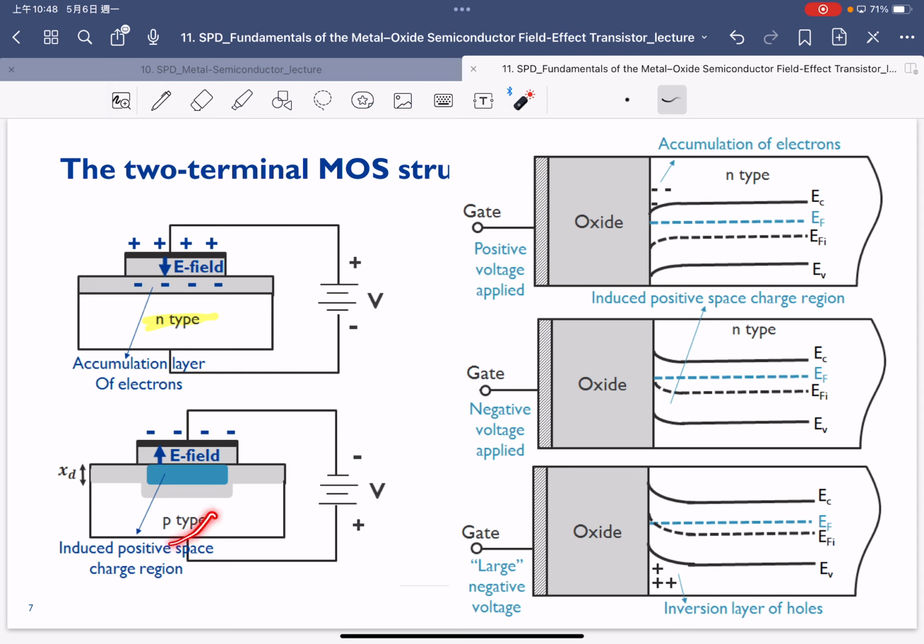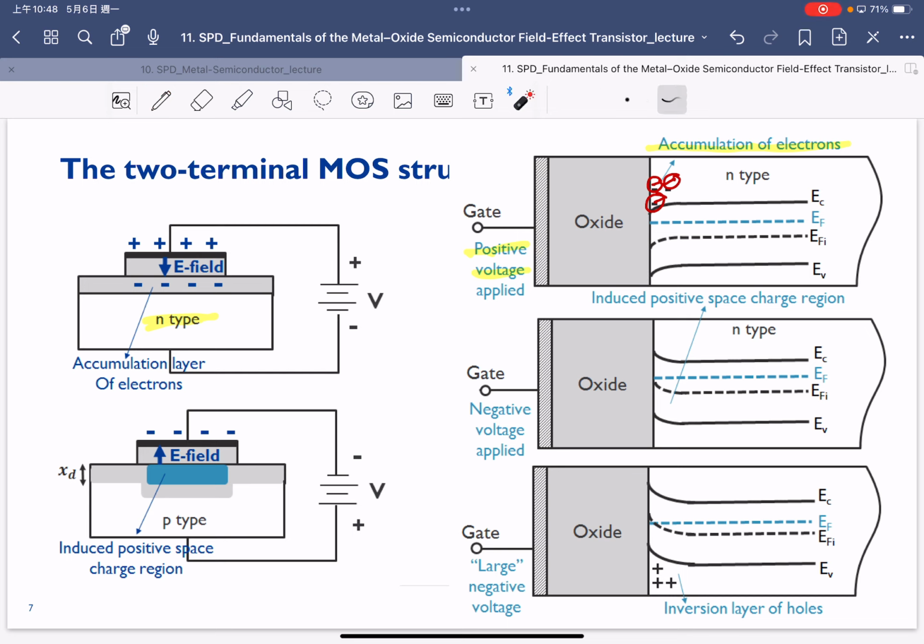And for P-type, we apply the negative bias here. So the ideas are very similar. In the case of the N-type semiconductor, we apply the positive voltage here, then we start to have electron accumulation at this interface.